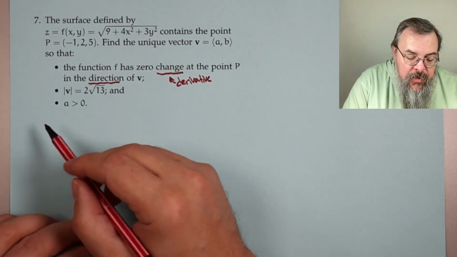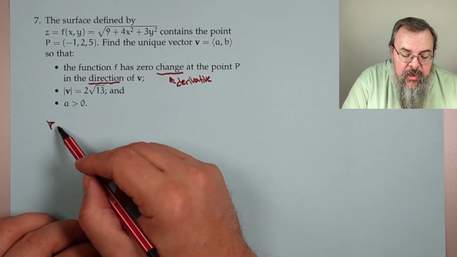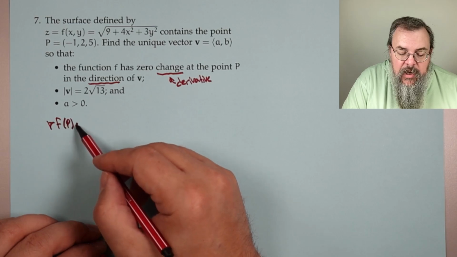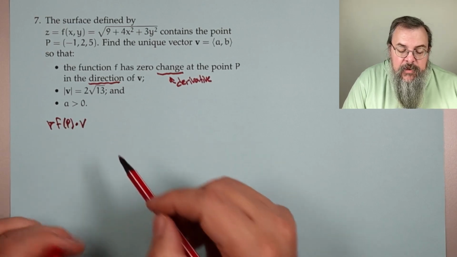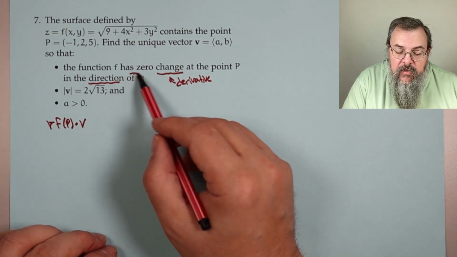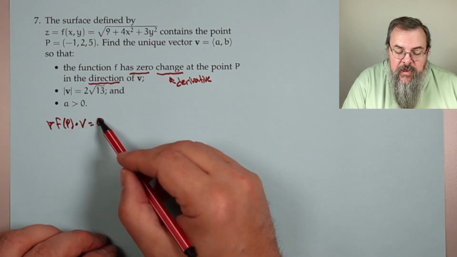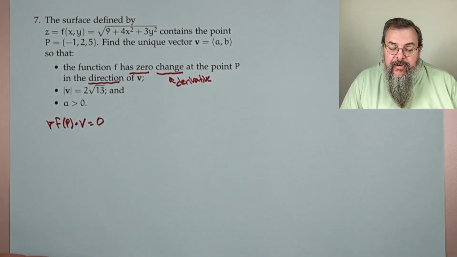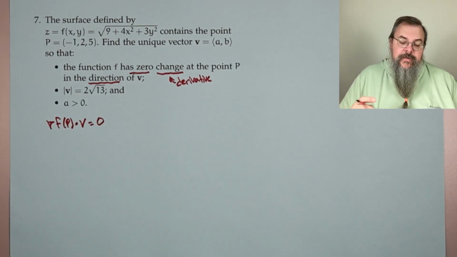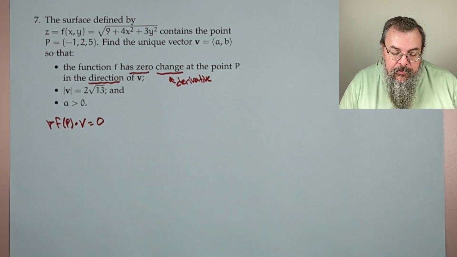So what do we want? Well, we want gradient f at p dot v, right? This is the directional derivative in the direction of v, is 0. Okay, so that's some information here. All right. So, cool.